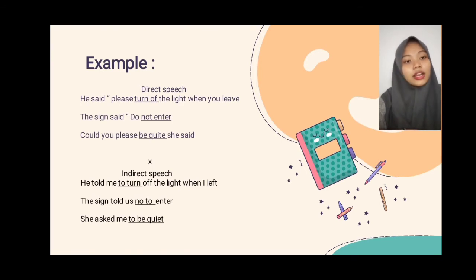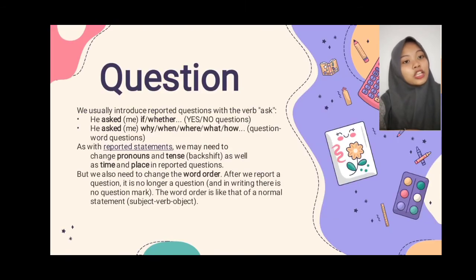Okay, for the next slide, the third kind of reported speech is the question. We usually introduce a reported question with the verb ask. He asked me if or whether, for a yes or no question. He asked me what, when, where, how, for a wh-question.